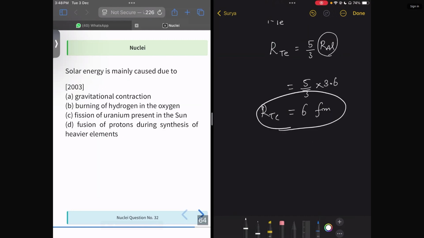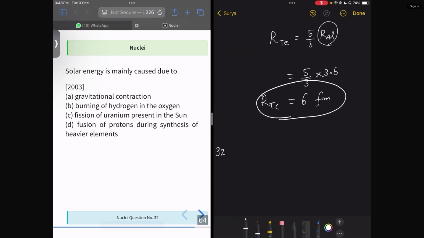So next question. The solar energy is mainly caused due to gravitational contraction, burning of hydrogen, fission of uranium present in sun, or fusion of protons during synthesis of heavy material.